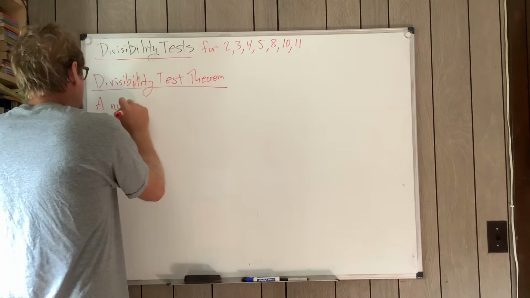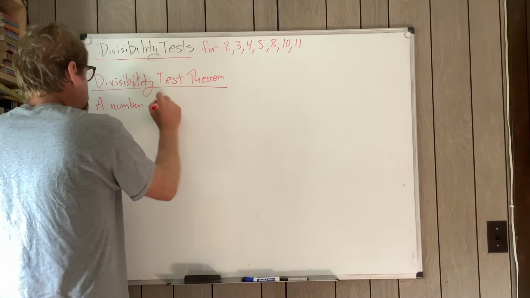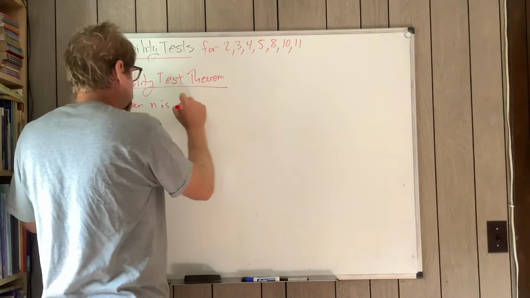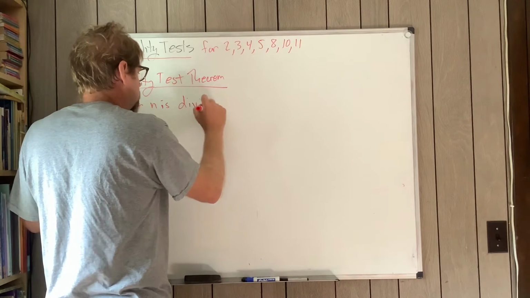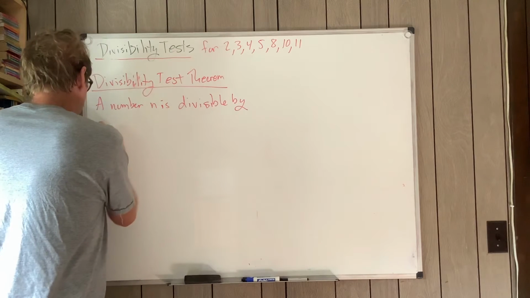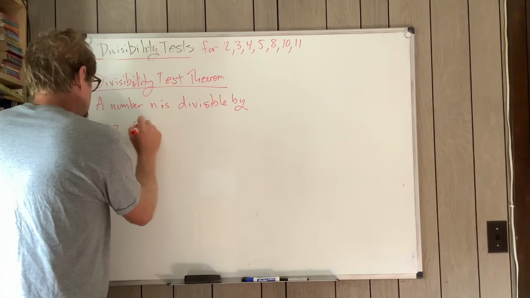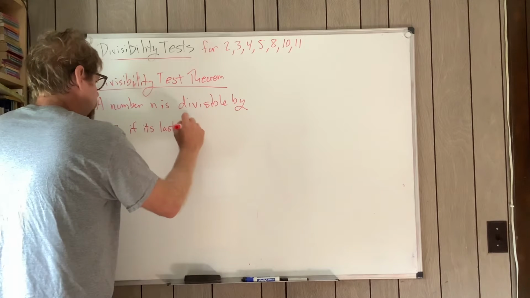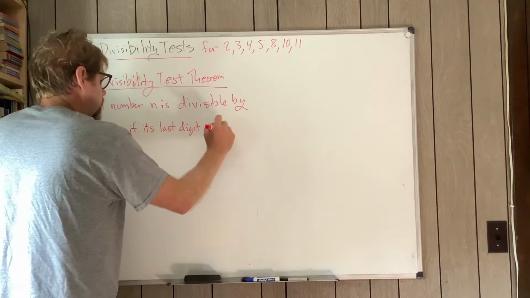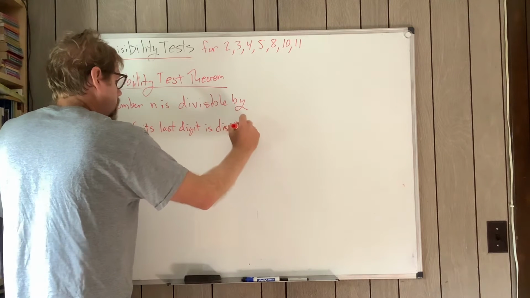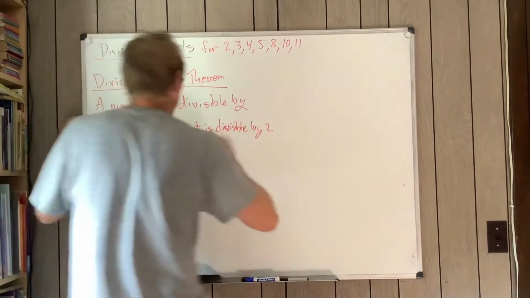A number n is divisible by 2 if its last digit is divisible by 2.